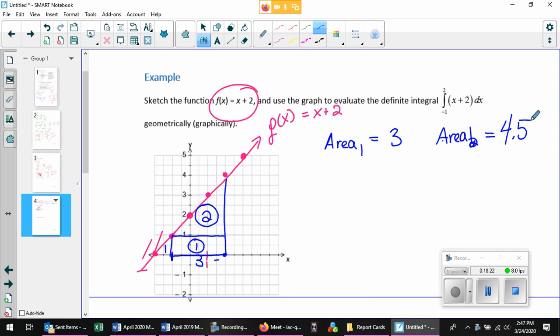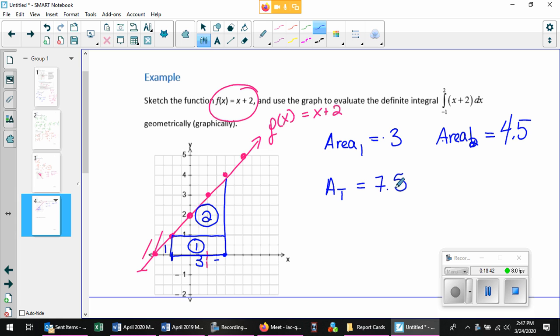Now all of this is above the x-axis, so that's going to be positive. So the total area is going to be 7.5. Okay, so that's doing it graphically.